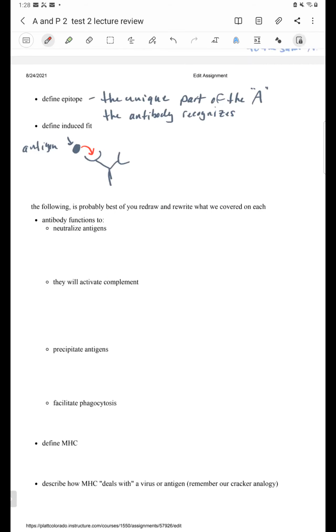Okay, this one here: the neutralizing of antigens, precipitating antigens, activating complement, and then facilitating phagocytosis. This is stuff we drew out.